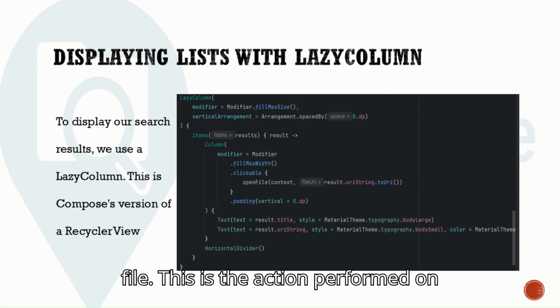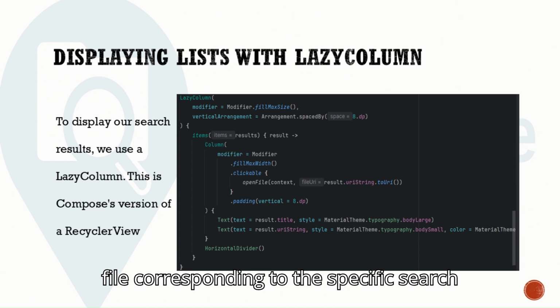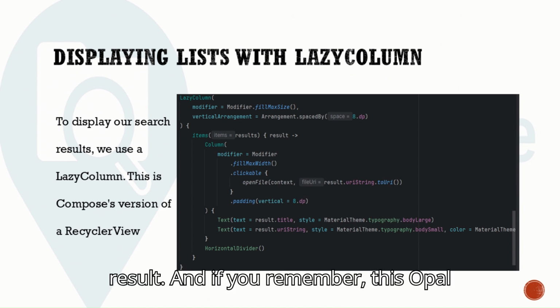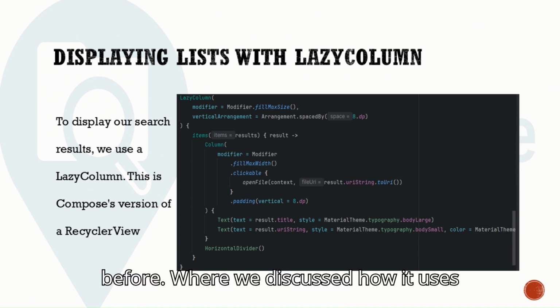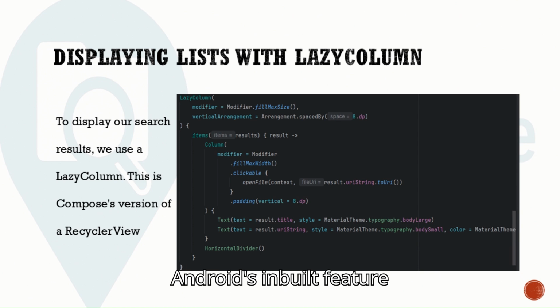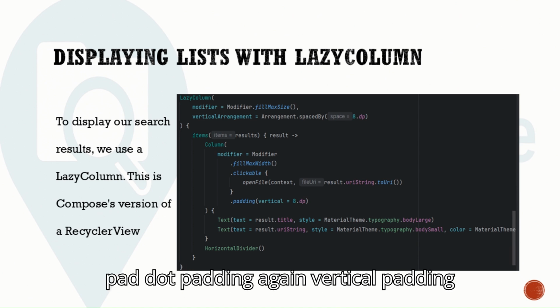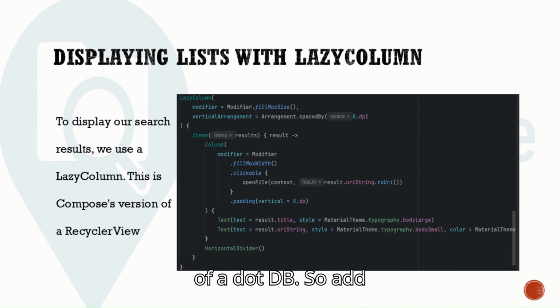So open file is the action performed on click. It calls a function to open the file corresponding to the specific search result. And if you remember, this open file is based on the code which was given 2 sessions before, where we discussed how it uses Android's inbuilt feature to open the file.